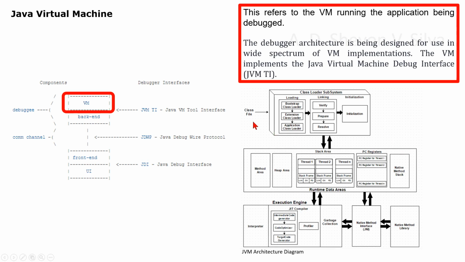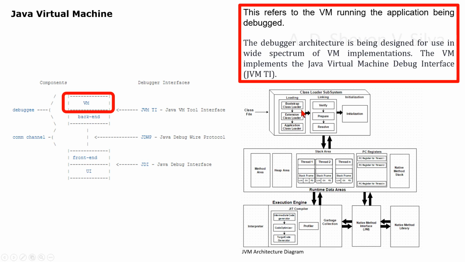Here the class file is connected to the class loader subsystem. Loading, linking and initialization are inside the class loader subsystem. Bootstrap class loader, extension class loader and application class loader are inside loading.